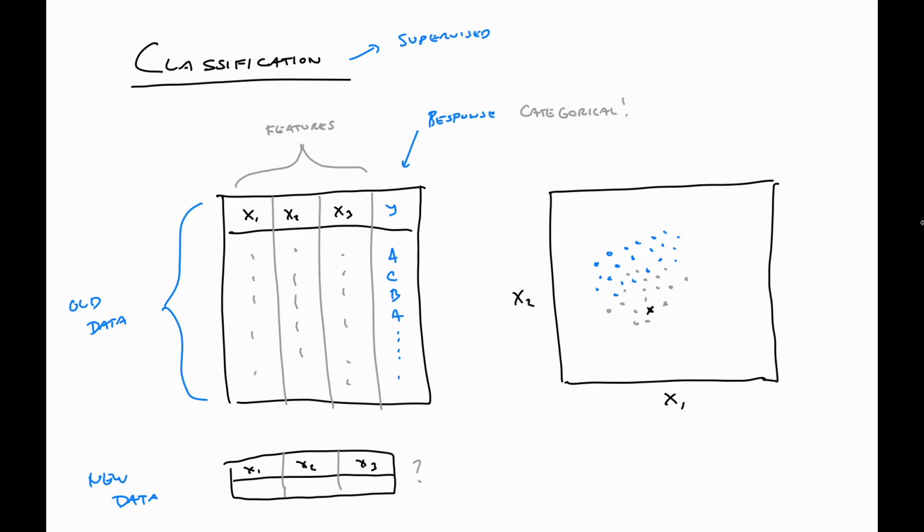And you should probably be screaming at your computer right now and saying, well, that should be category gray. But maybe we want to predict instead at this x1, x2 value. And now you're going to scream blue, it should be blue. And then what if I say, I don't know, how about right here? Now you're going to be like, well, I don't know. It could probably be either.